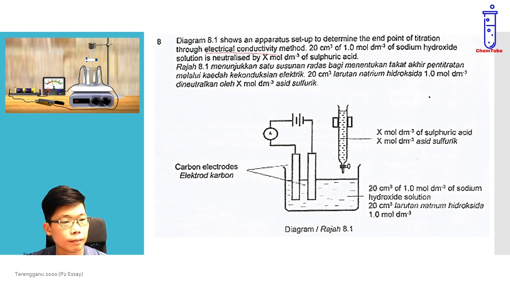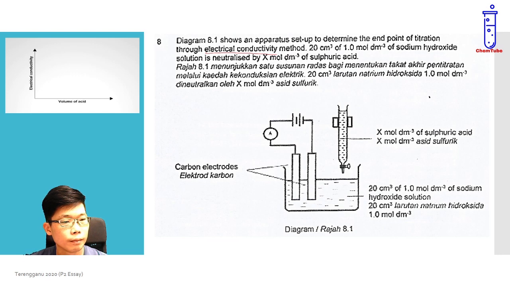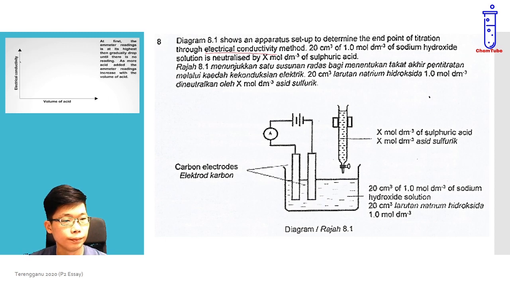Record the ammeter readings and volume of acid added. From the data collected, we can plot a graph of electrical conductivity versus volume of acid added. At first, the ammeter reading is at its highest, then gradually drops until there is no reading. As more acid is added, the ammeter reading increases.